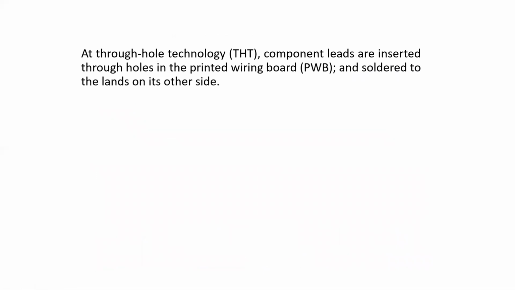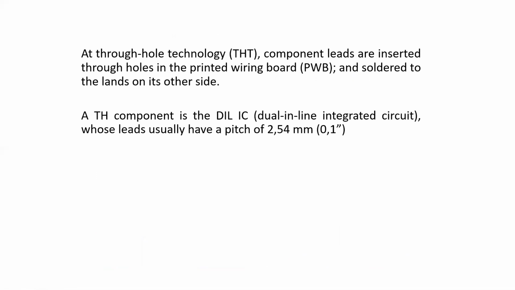In through-hole technology, component leads are inserted through the holes in a printed wiring board and soldered to the lands on the other side. A TH component is a DIL, dual in-line integrated circuit, whose leads usually have the pitch of 2.54 mm, 0.1 inch.